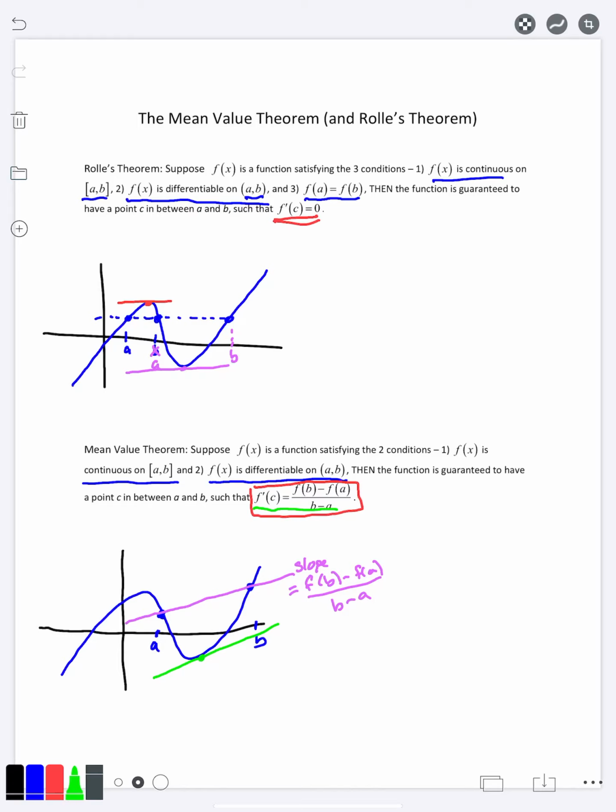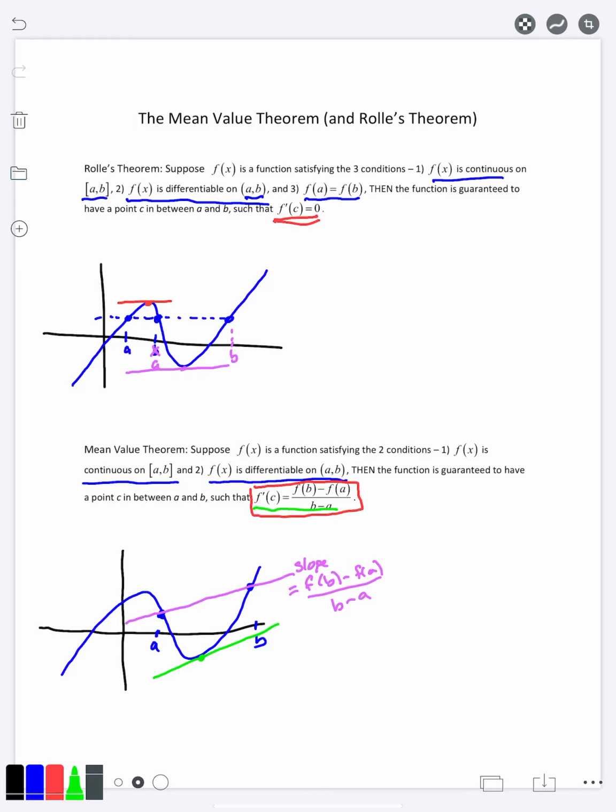So it's telling you that if you have 2 points, as long as your function is continuous and differentiable, then if you take the slope between those 2 points, you're guaranteed to have somewhere where the tangent line will have the exact same slope.